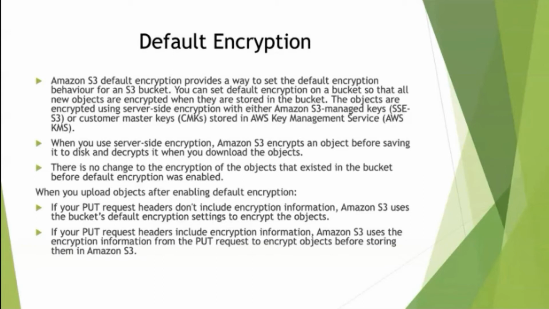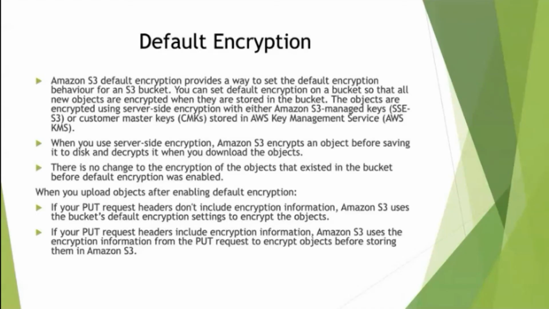So this is a really high level overview of how encryption works in S3. There are two settings we can look at. One is server-side encryption with S3, where S3 manages the keys. The other is using AWS KMS to encrypt your objects. These are some of the properties. This is the end of the slide.